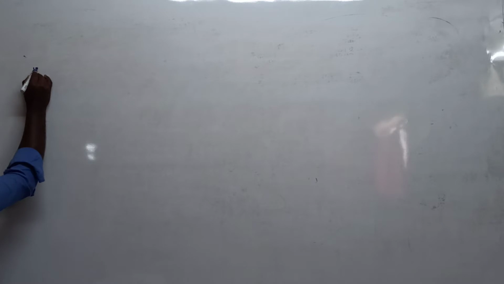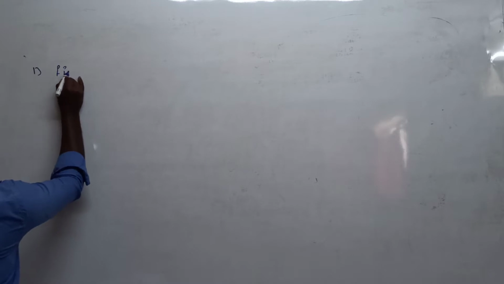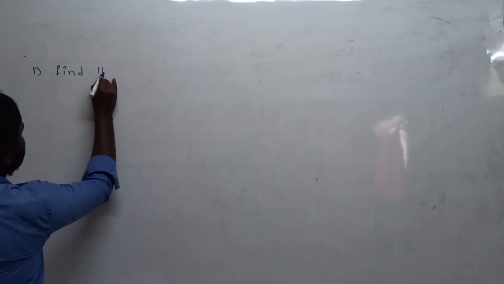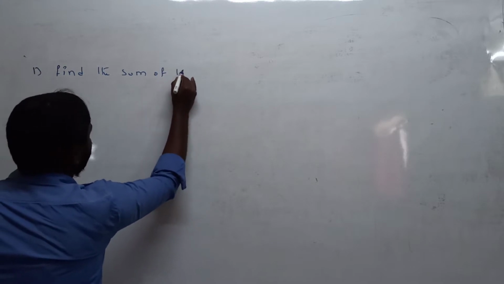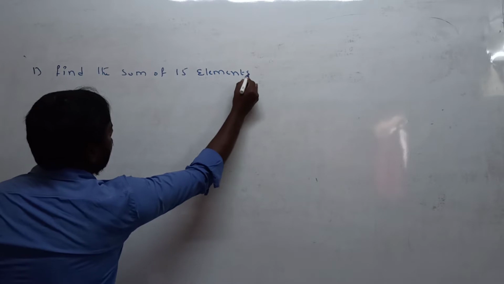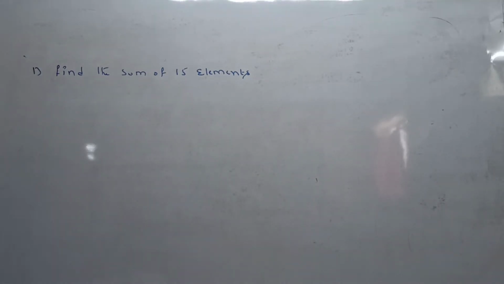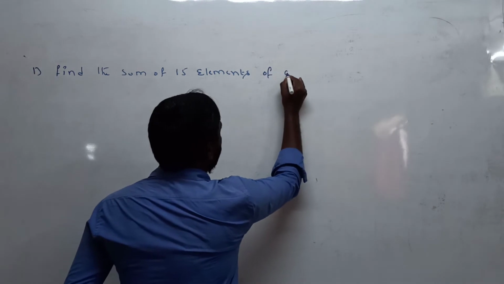The first question: find the sum of 15 elements of an arithmetic progression.